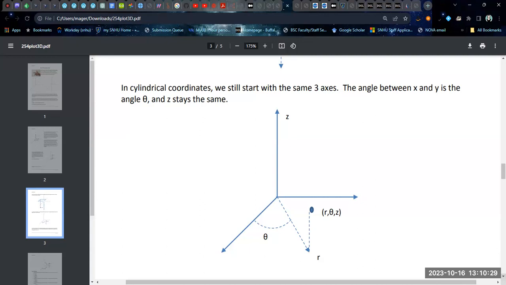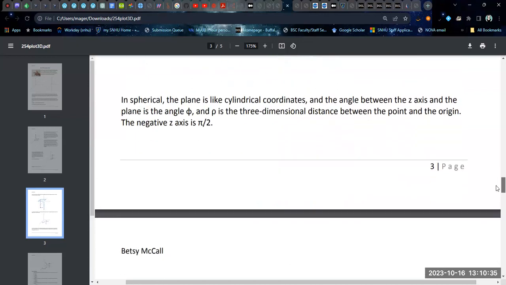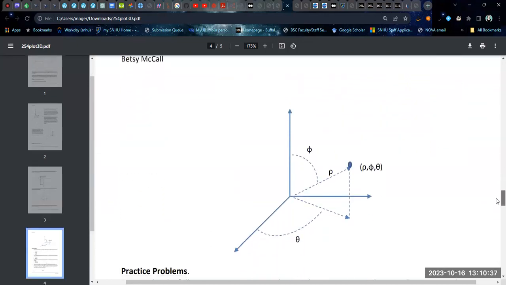But most of the time you're going to be asked to plot points, it's going to be in the rectangular system. And then in the spherical system, the thing looks like this. So theta is the same. This is the positive x-axis, and theta is your angle from the positive x-axis to where your rho essentially projects onto the xy plane.